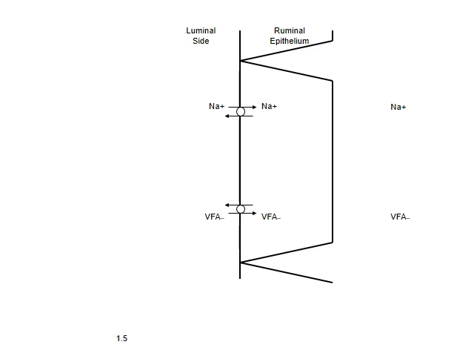So when we think about what we're trying to achieve here, we're moving that VFA across, certainly negatively charged in the cell, and we want it to get to the blood, a negative charge. The sodium coming from the saliva is going to be moved across in an active transport.